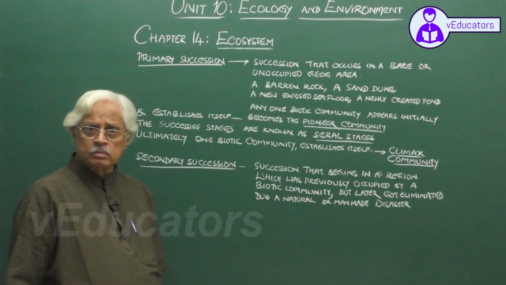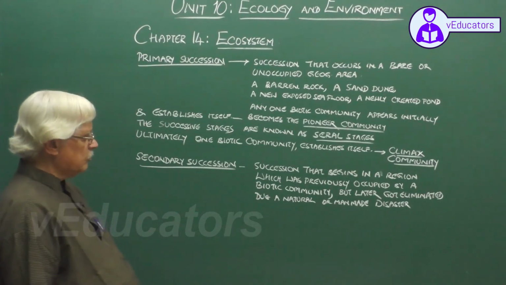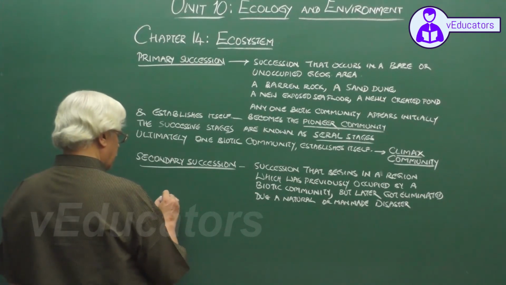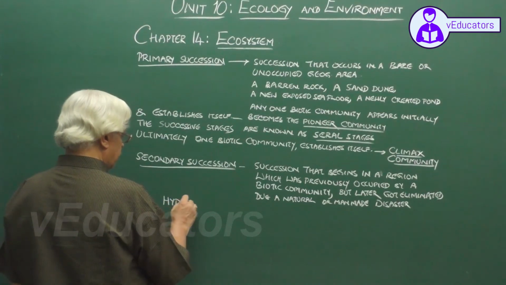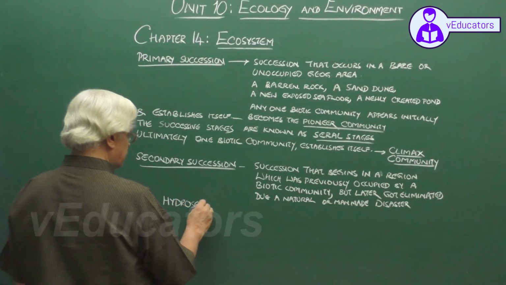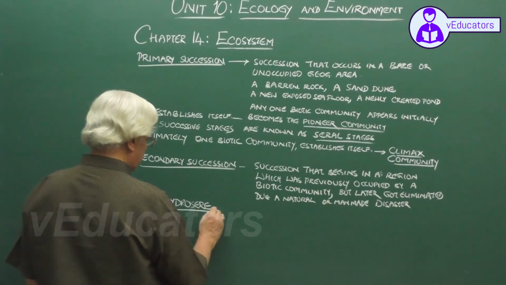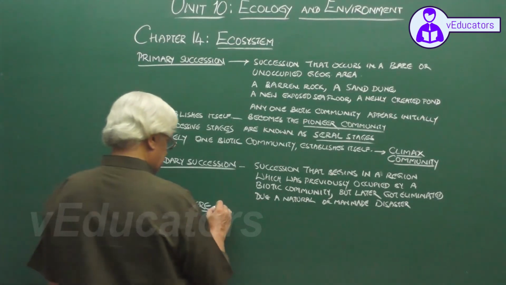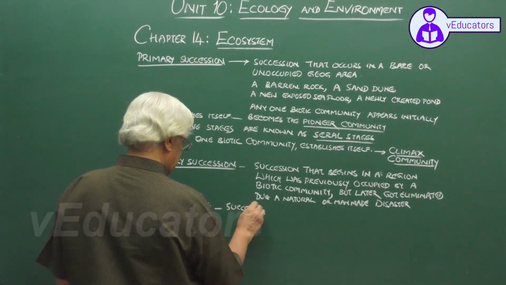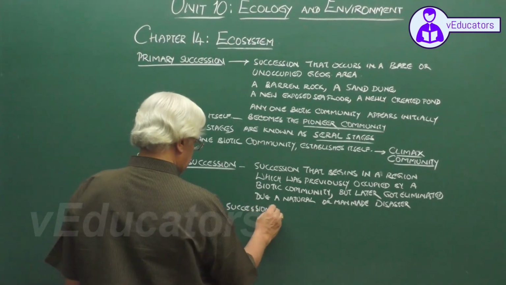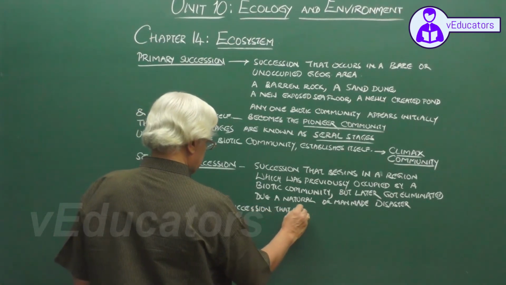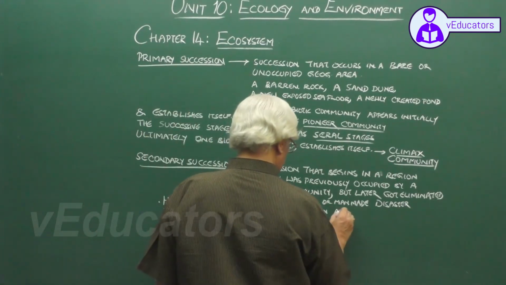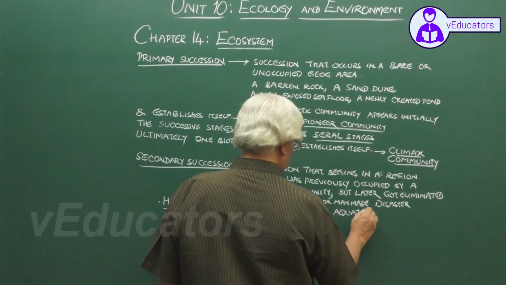Depending on the region, succession can be defined or distinguished into different types. For example, hydrosphere is the succession that occurs in aquatic habitats.